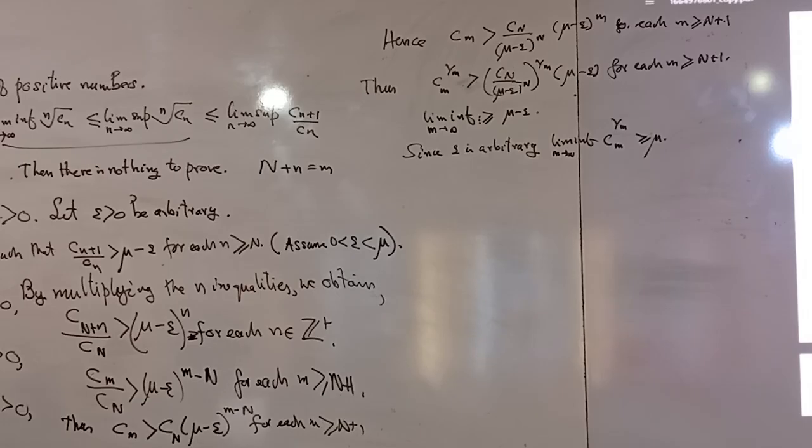If the lim sup of the nth root of An is strictly less than 1, the series sigma An converges. If it is greater than 1, the series diverges. If it is equal to 1, we cannot say anything.